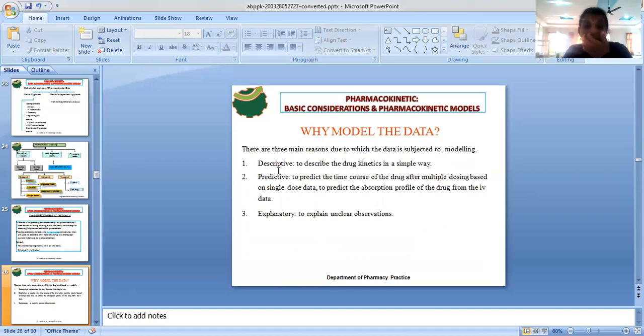The three main reasons are: first, descriptive; second, predictive; and third, explanatory. For these descriptive, predictive and explanatory purposes, the modeling is done. What does descriptive mean? To describe the drug kinetics in a simple way.